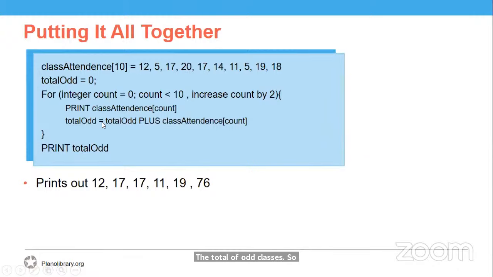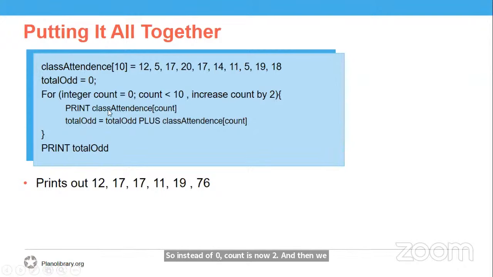So odd total is equal to whatever odd total is right now, plus the additional 12 that we determined class attendance 0 was. And then, because it reached the end of the for loop, we increase count by 2. So instead of 0, count is now 2.